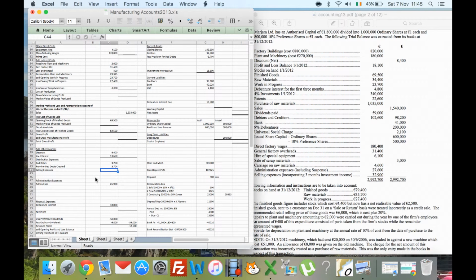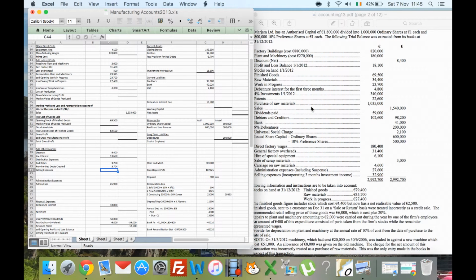So my selling expenses at the moment is 32,900. The investment income would have been put in here because it's an income. It would have been put in as a credit. So to get rid of it and put it into its own investment income account, I'll have a debit entry, and it would be 3 months investment income. So that's a quarter of the amount I should have got for a year. The 4% investments, which I got at the beginning of this year, so I'll have a full year's interest.